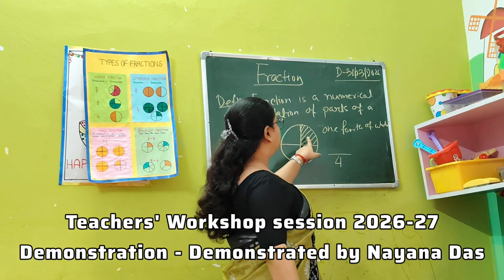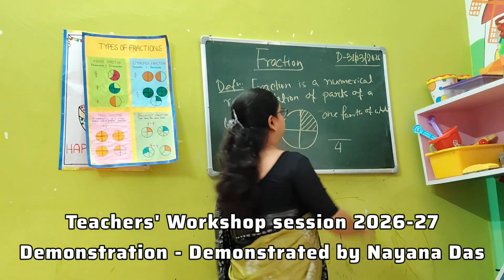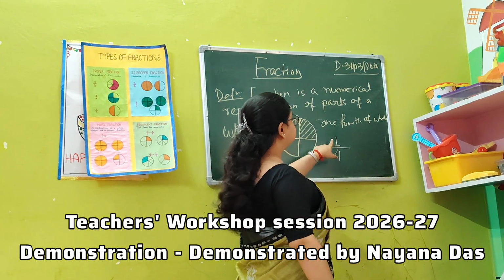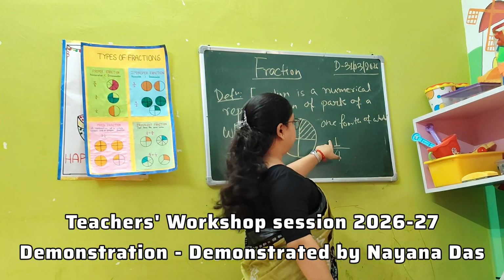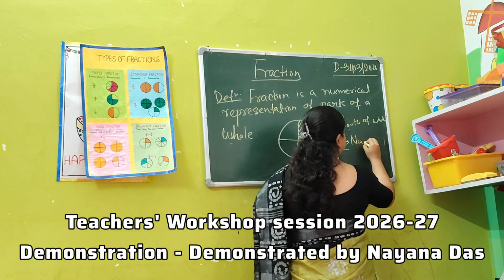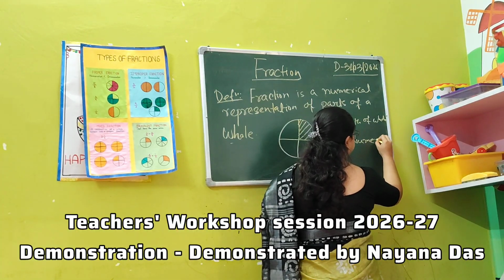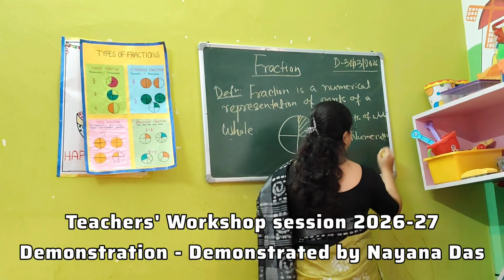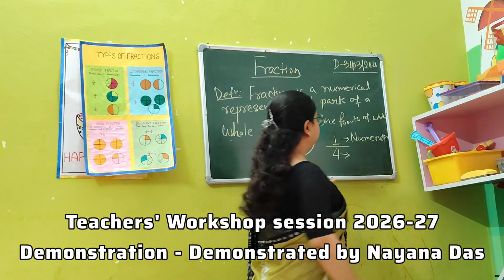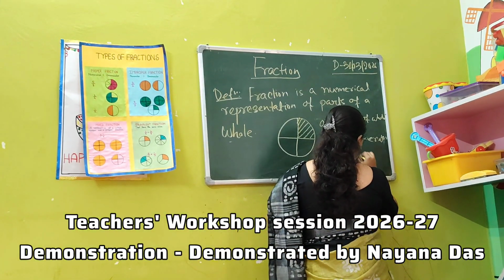And how many parts are we taking? 1. This one we will write in the upper portion. The top number is called the numerator, and the bottom number is called the denominator.